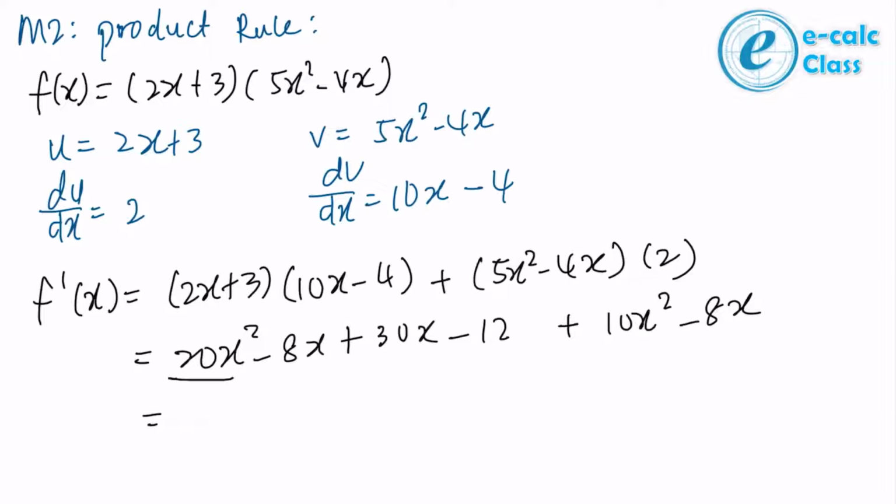So 20 plus 10 is 30. Then 30 minus 16 is 14, minus 12. Finish. Okay, so this is what happens if you want to use product rule.